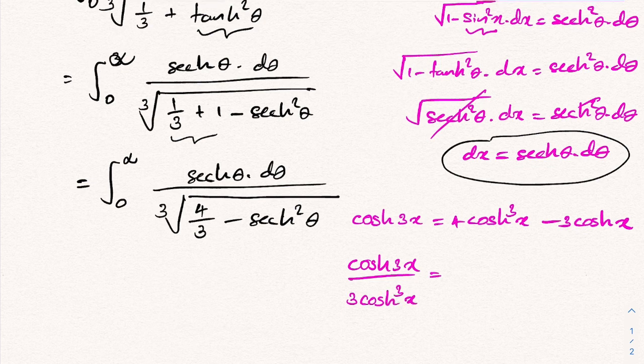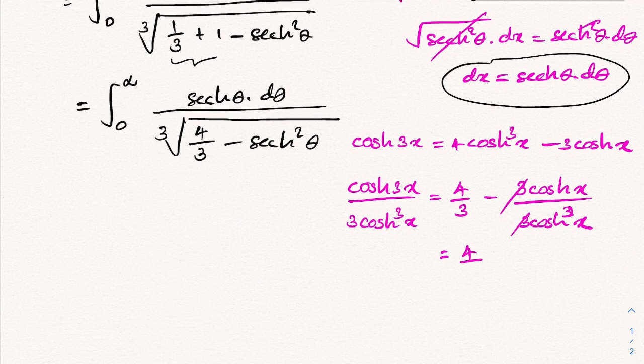So here we have 4 over 3, then minus 3 times hyperbolic cosine of x over 3 times cosh cubed of x. We can simplify: 4 over 3 minus hyperbolic secant squared of x.